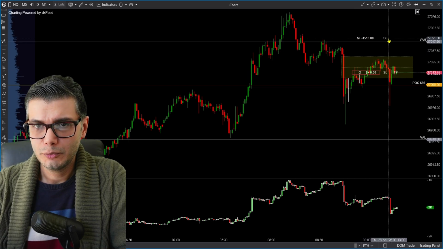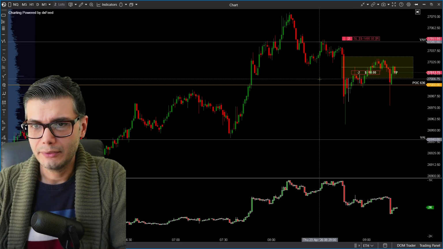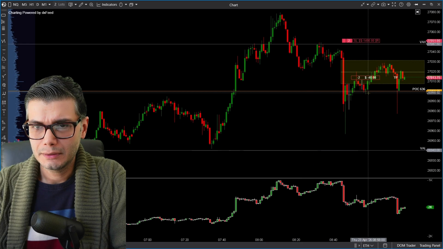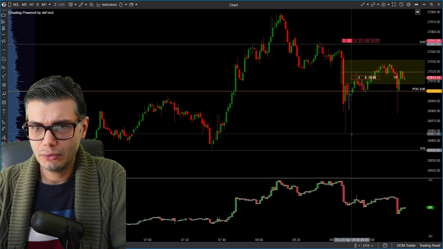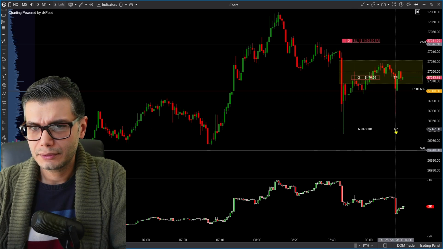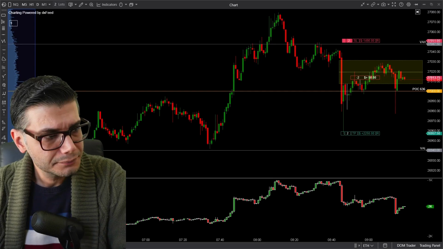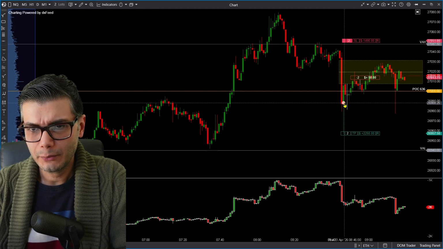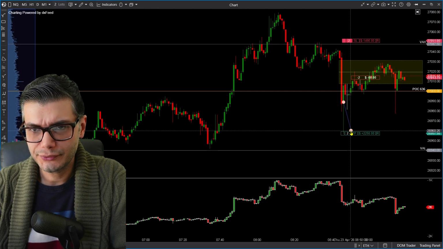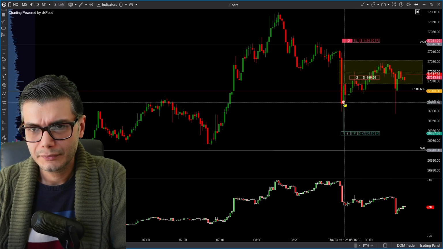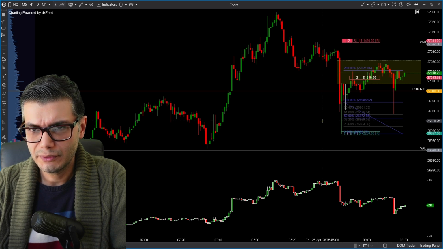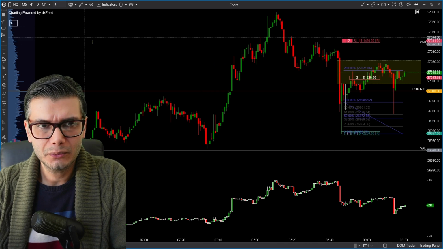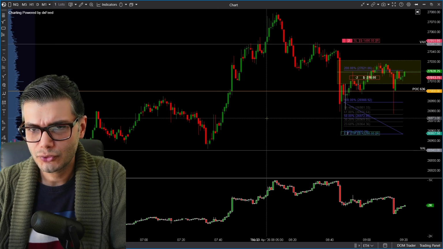I want to move the stop all the way at the value area high and perhaps bring the TP to value area low or below this low. One thing I forgot is to measure this. 50% of this tail is at 26,972. So I would like to get one out at the mean threshold of this tail.